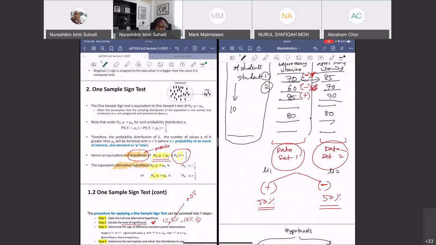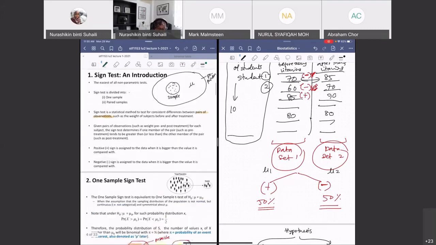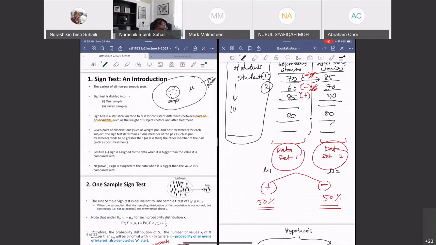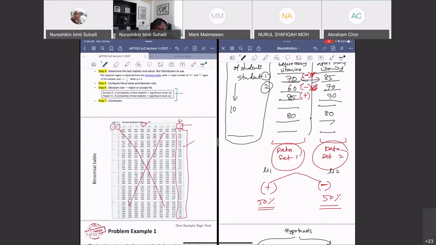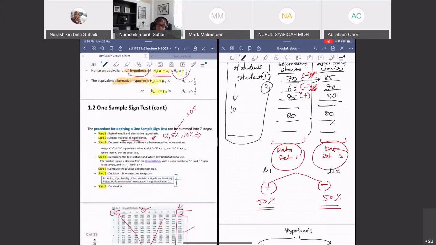Did I answer your question? Okay, sure. Thank you. Because this test is just about considering the signs, it might not be a strong test. So you can say that there is a difference, but you do not know how much.